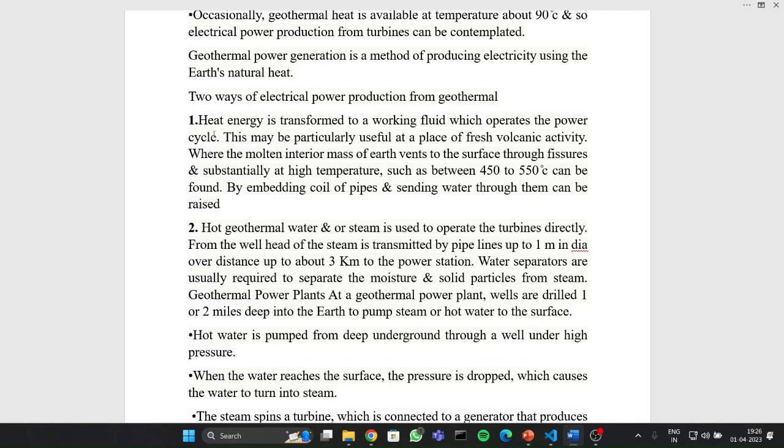So here the temperatures lie between 450 to 550 degrees Celsius, and here the coil of pipes is embedded, and a stream of jet of water is sent through the pipes, through which it is converted into steam, and through the steam turbines are run and electricity is generated.